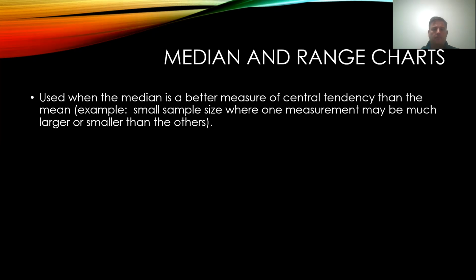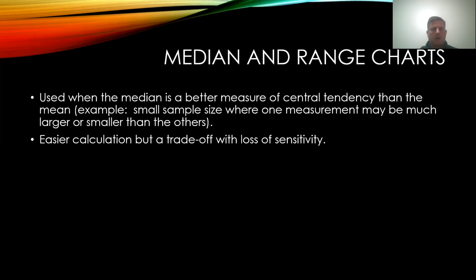So that's a case where you would use it, when there's a lot of variation in the measurements you're taking. It's an easier calculation, but the trade-off is loss of sensitivity. It's going to be really hard to see if the changes that you make are really affecting the process overall.